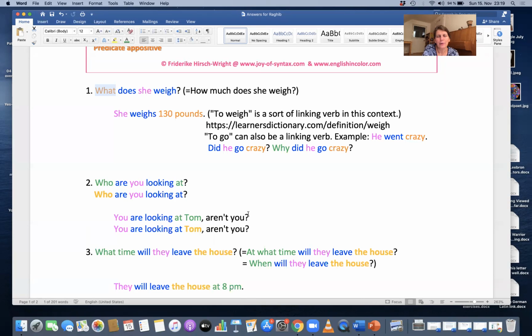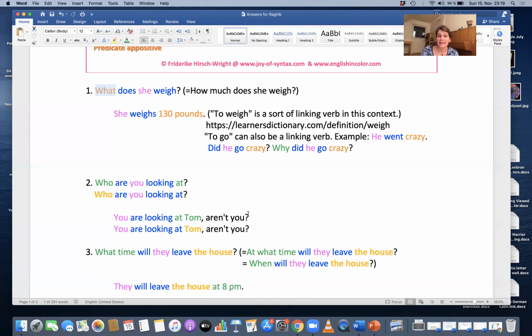Are looking is the progressive tense, the present progressive tense. You are the subject. Are looking is the present progressive. And at Tom is a prepositional phrase functioning as adverbial. However, we could consider the preposition at as part of the phrasal verb to look at.